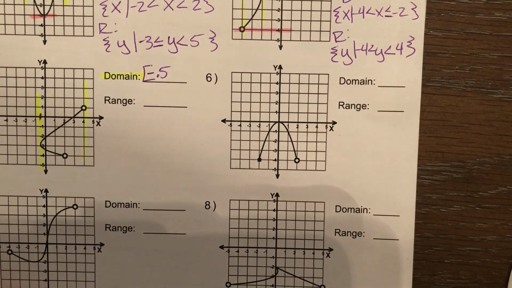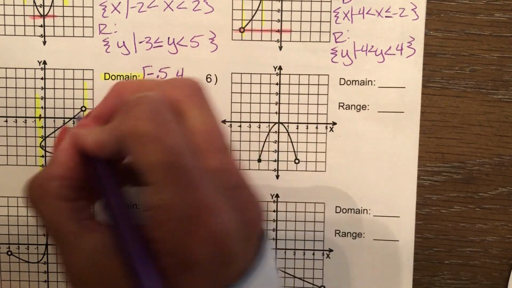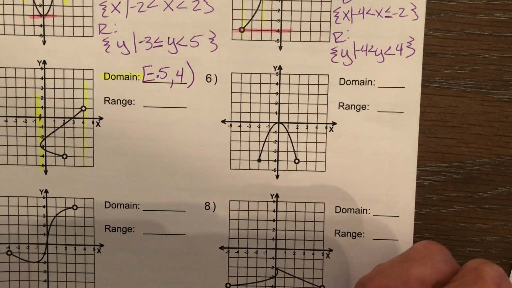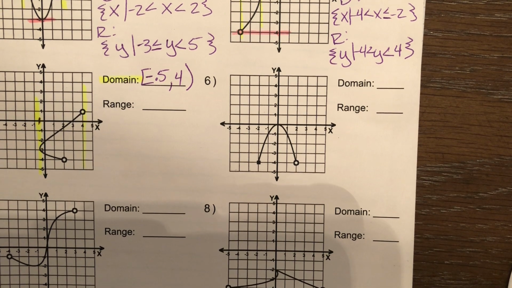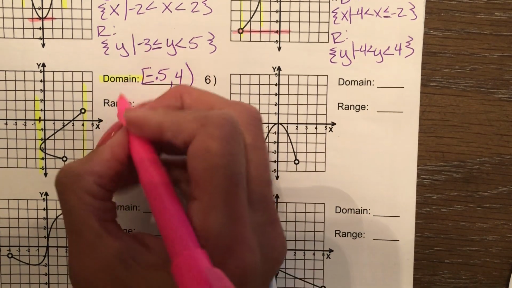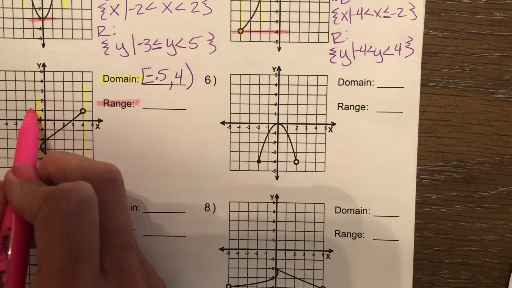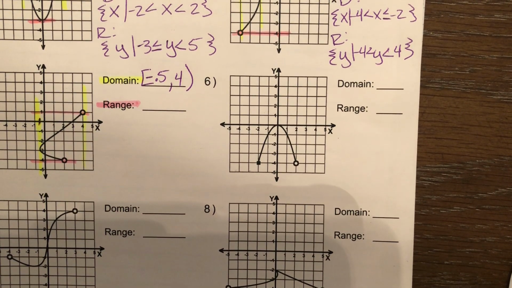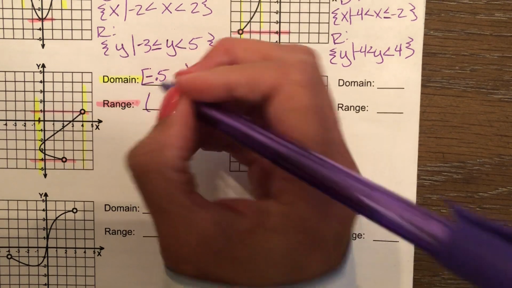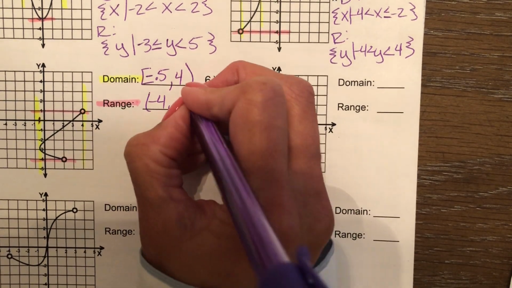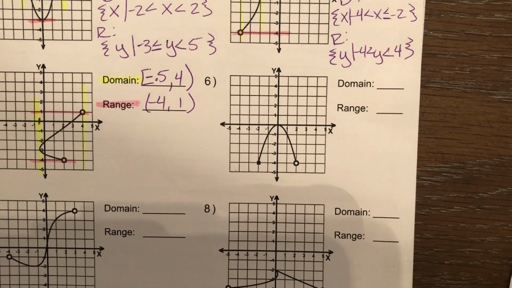And then to 4. Open, parenthesis. All right, looking at the range, the y values, the bottom is here at -4, top at +1, both open. So both parentheses.